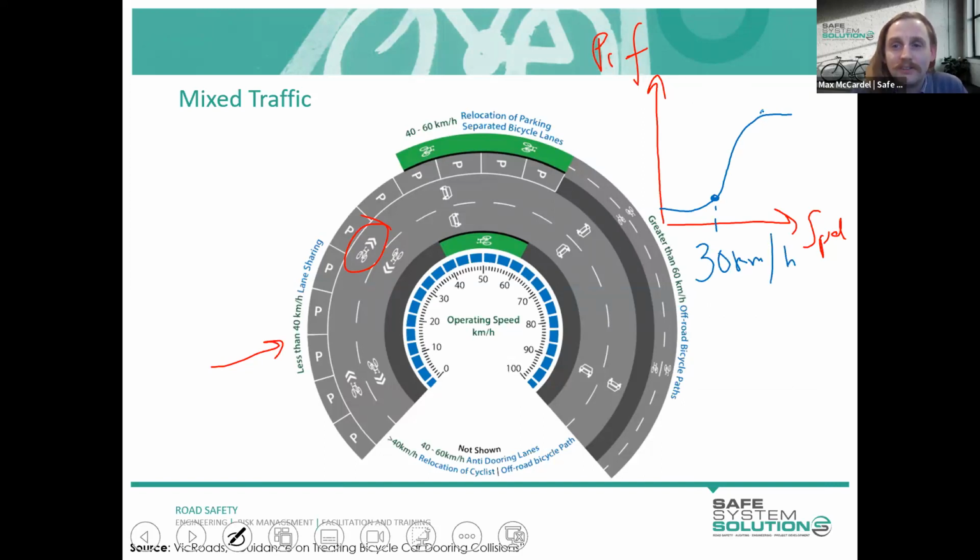And if a cyclist is struck at this point here, which is, I'll just make it up, 90 kilometers, then that's almost like 99% chance of a fatal. But around that 30 kilometer per hour mark is what is generally seen as where things get exponentially worse for the survivability of a cyclist. So if you can manage those conflict points to 30 kilometers per hour or less, that's generally seen as best practice and alignment with safe system principles.